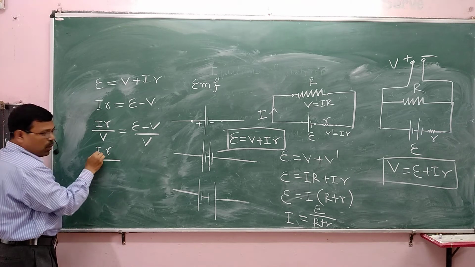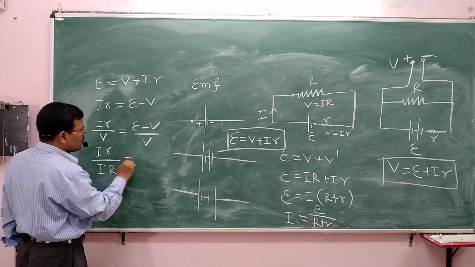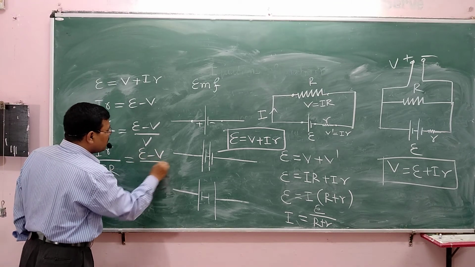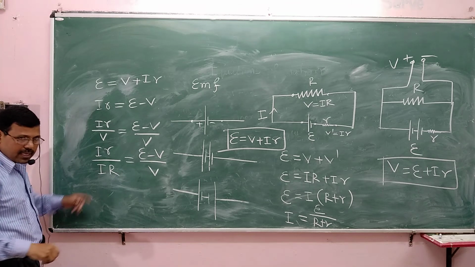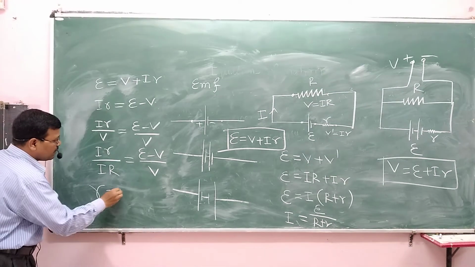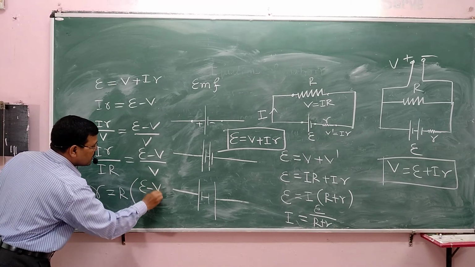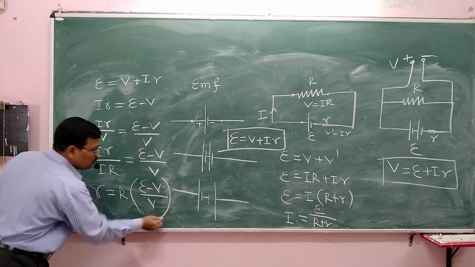V is the potential difference, which according to Ohm's law is I into R. So IR is in the denominator, I cancels. What we get is the internal resistance of the cell r is equal to R into the bracket E minus V by V.